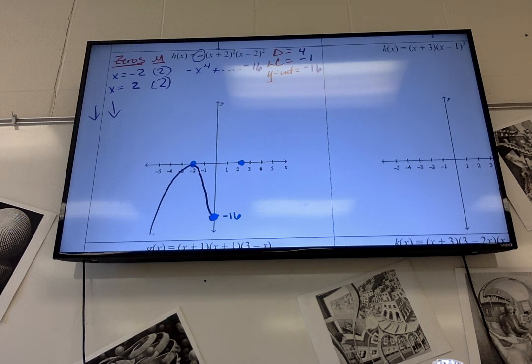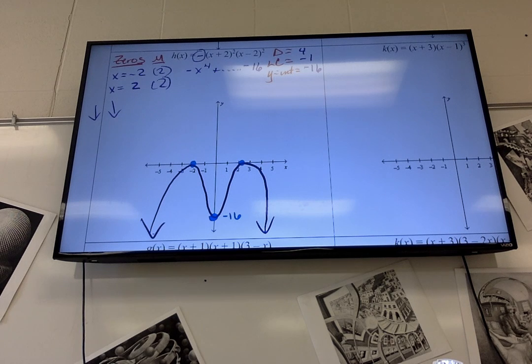So it's got to do that bounce thing. So something like that, kind of like an M. It doesn't have to be perfectly symmetrical. Can be. We don't know yet. Kind of getting a feel for these, hopefully.